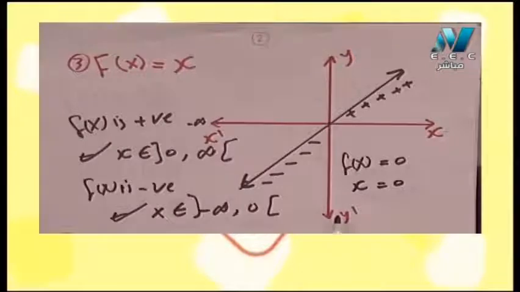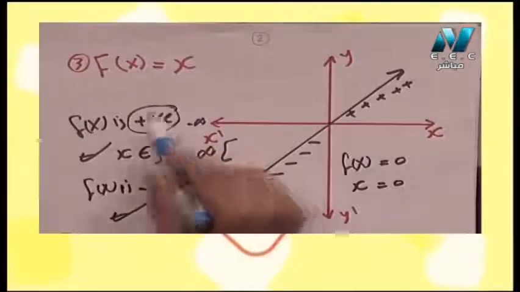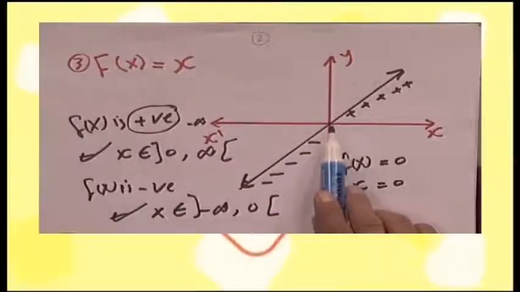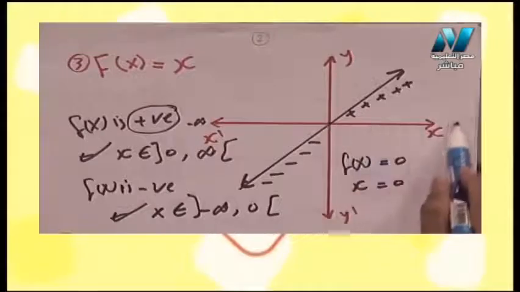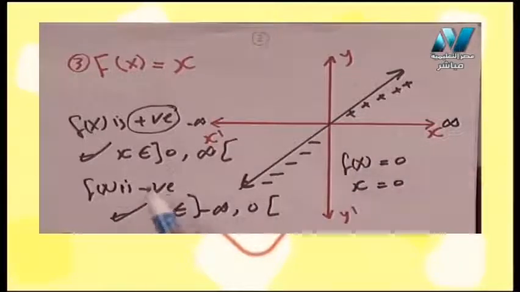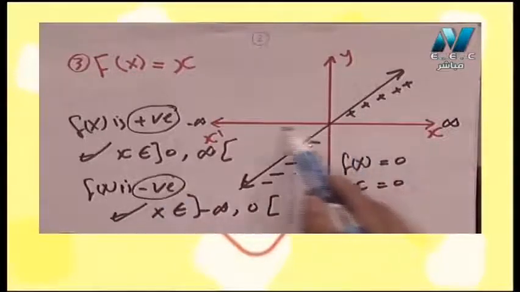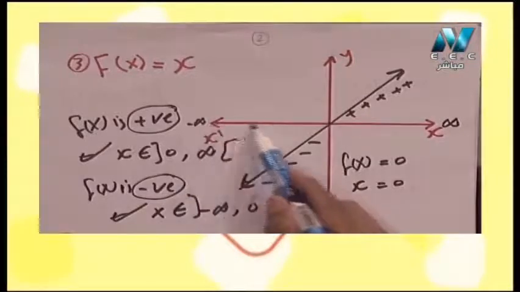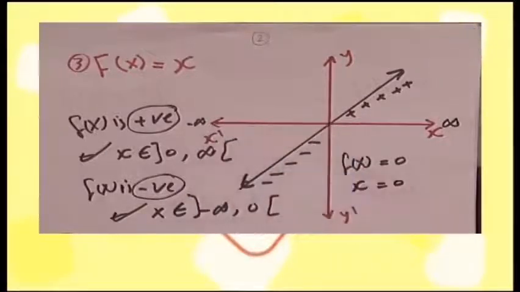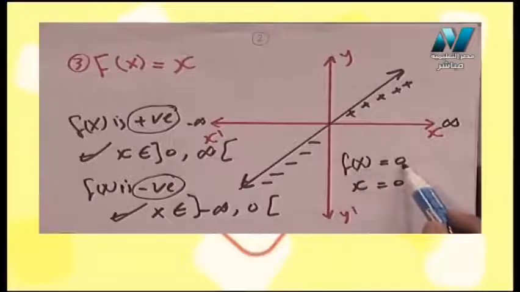So this function is positive for x from after 0 to infinity, negative for x from negative infinity to 0, and equal to 0 at x equals 0.